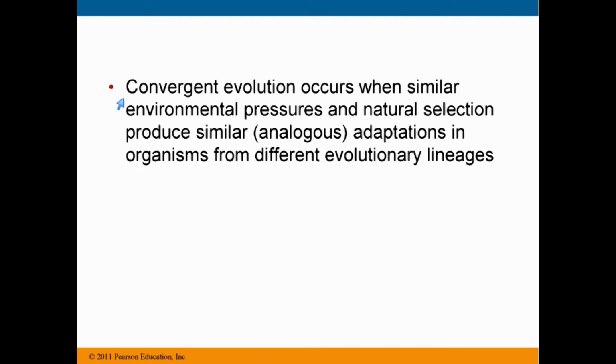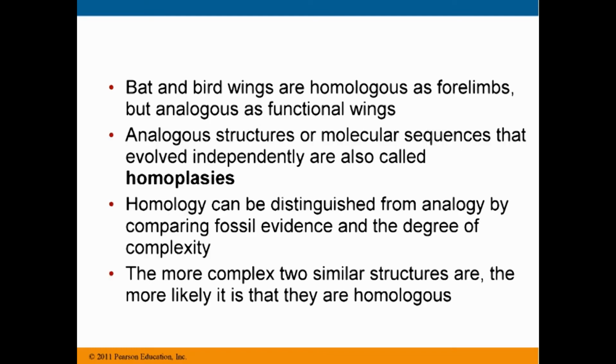We looked at the flying squirrels a little bit earlier on in the semester, and that would be a convergent evolution. So you get the same feature. It's an analogous structure. They arose separately from each other, but again, very similar environments led to the formation of that structure.